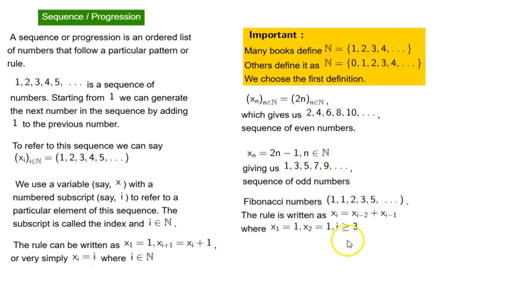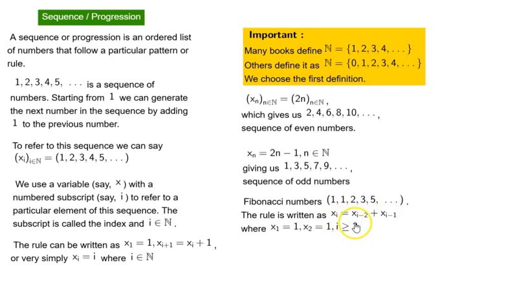There is a very special sequence called Fibonacci numbers: 1, 1, 2, 3, 5, dot, dot, dot. The rule is written as x sub i is equal to x sub i minus 2 plus x sub i minus 1, where x1 is equal to 1, x2 is equal to 1, and i is greater than or equal to 3.